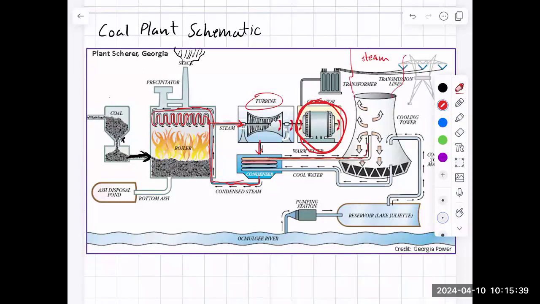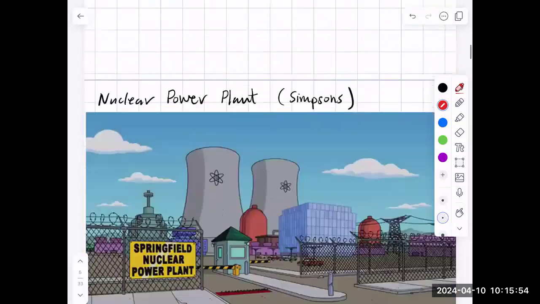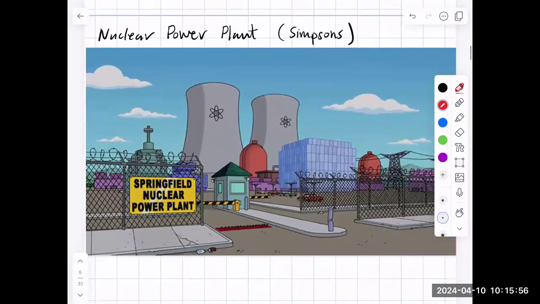Okay, and so in essence, that's what the coal plant is. The part that actually makes the electricity is all based on Faraday's law, and it's from this generator that is spinning due to this turbine. And so all of electrical generation is based on this principle.